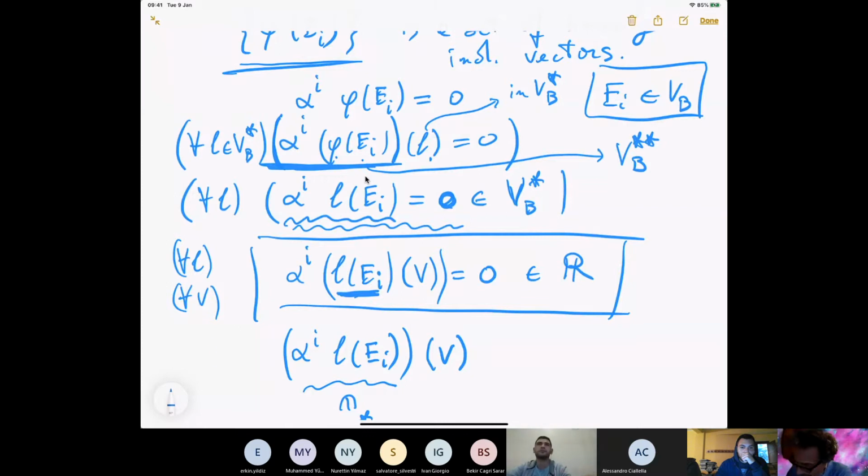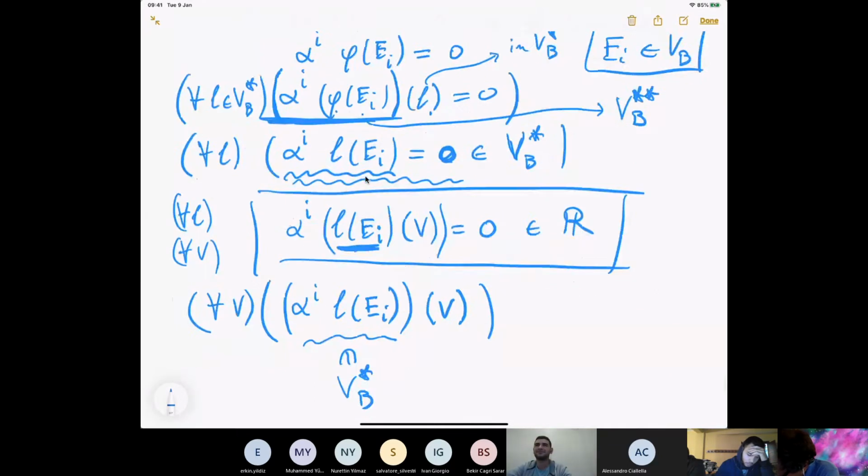And this is equal for every V, and this is equal to 0.